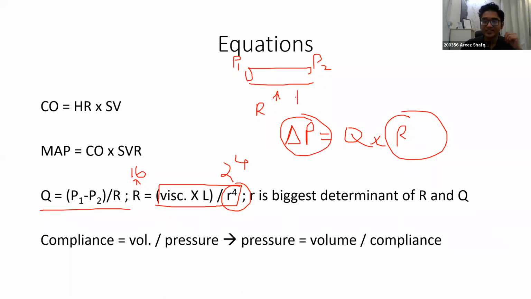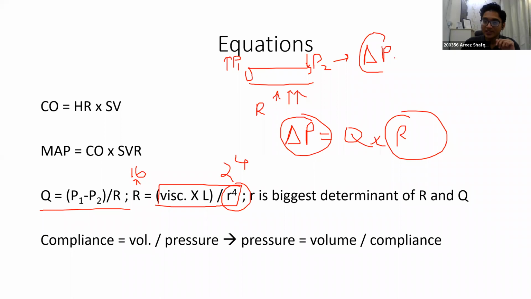If I increase resistance on this vessel, if I constrict this vessel, P1 will increase because blood will back up. P2 will decrease because blood can't flow through to P2. So upstream pressure increases, downstream pressure decreases. That means the pressure gradient increases. That's the second important concept you need to know, okay?